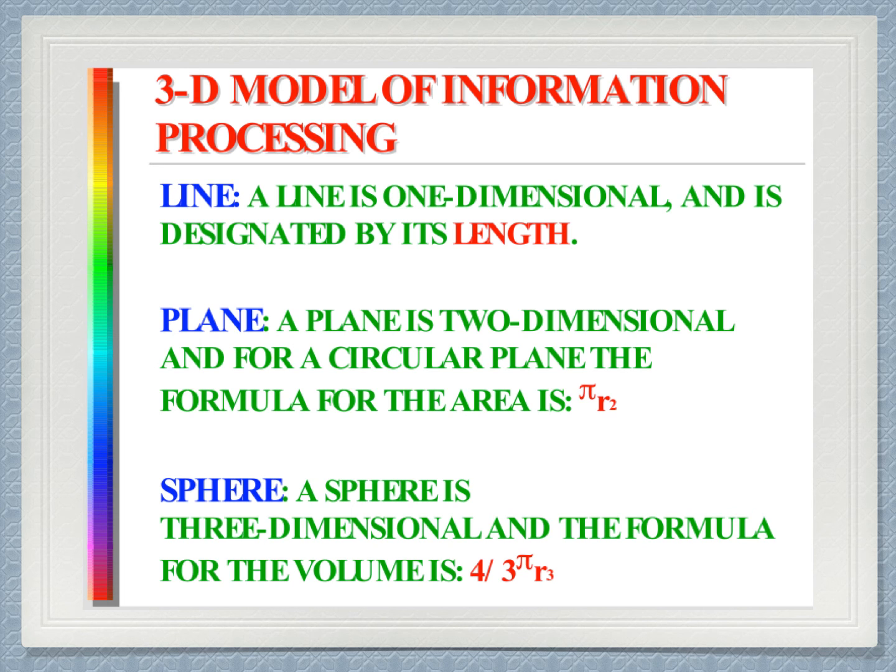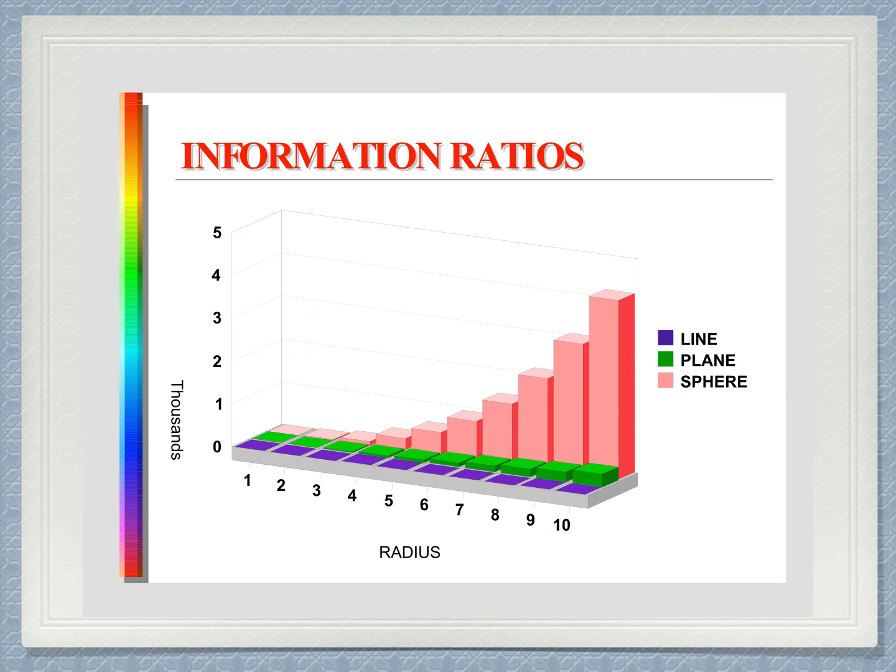So the next slide is going to show how that relates to how much information we can process per unit time. As a serial processor, analogous to the line, we're going to just go from 1 to 2 to 3 to 4 linearly in our processing of information.